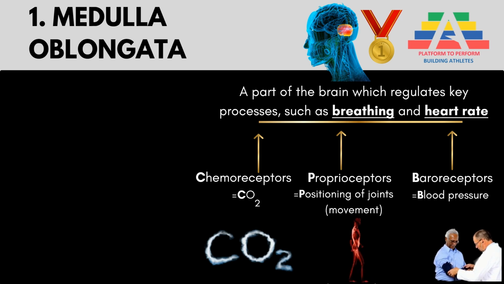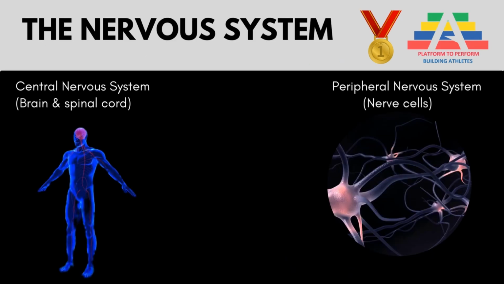So anytime the receptors are detecting changes in carbon dioxide, joint positioning, or blood pressure, they're going to talk to the medulla oblongata, and the medulla oblongata is going to talk to the central nervous system, which is the brain and spinal cord, and a message will be sent from the brain, the spinal cord, and eventually into the nerve cells themselves.